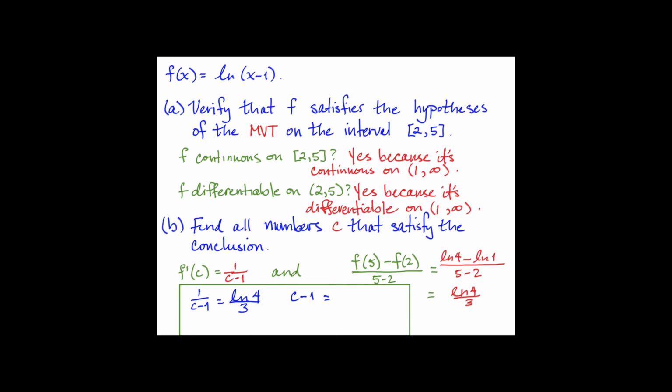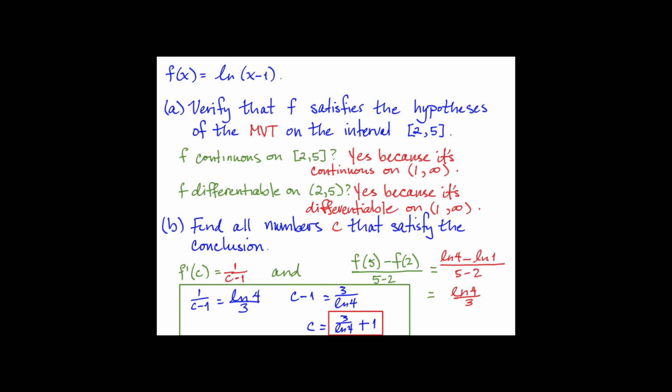So c minus 1 has to be equal to 3 over natural log of 4. And so if I add 1 to both sides, I get c is just 3 over natural log of 4 plus 1. And we have to verify that that number is in between 2 and 5.